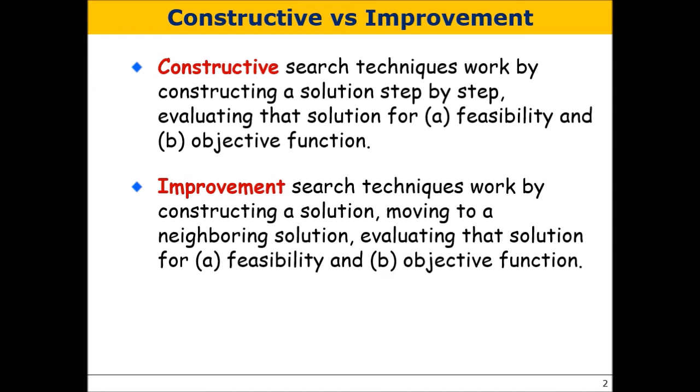In improvement heuristics, on the other hand, you start from an initial solution. This initial solution can come from a construction heuristic, and then starting from this solution, you move to a neighboring solution, and you compare this neighboring solution with the previous one, and you try to maintain the feasibility of the solution and try to improve the objective function value.